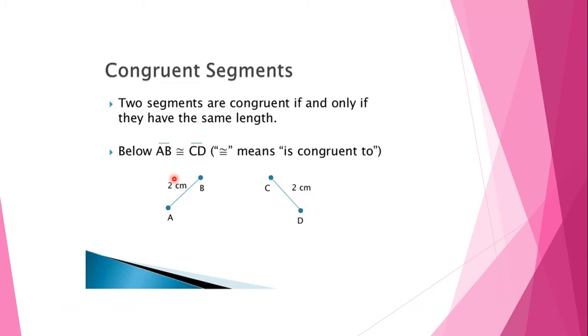And how will you write it? Segment AB is congruent, this is the sign, to line segment CD. This means is congruent to. So line segment AB is congruent to segment CD.